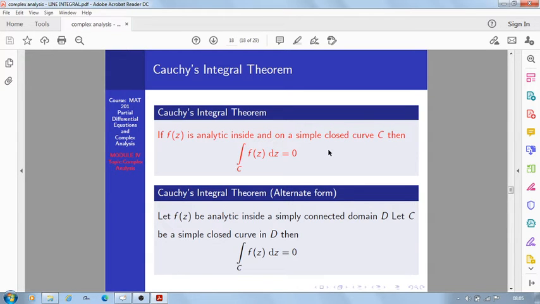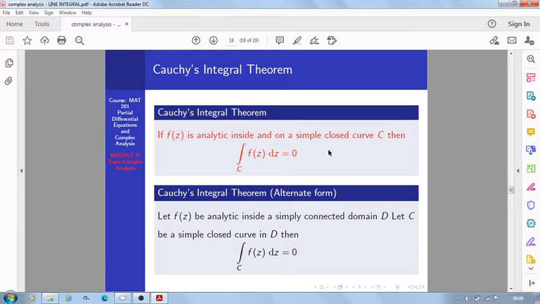Now the same thing we can say in a simply connected domain. What we have said now was that f of z is analytic inside and on the closed curve C. So if f of z is analytic inside a simply connected domain D and C is any simple closed curve in D, that means f of z will be analytic inside and on C. D is some region in the plane and C is any closed curve in that region.